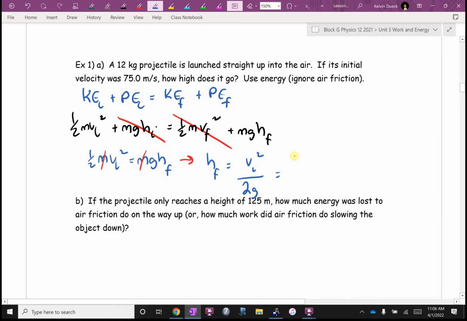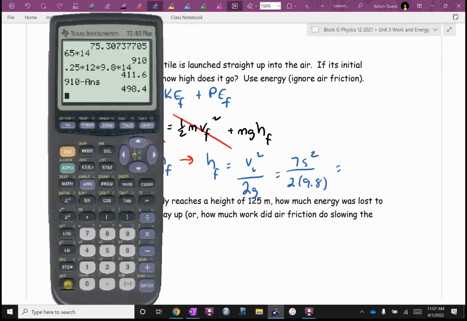It's going to be 75 squared all over 2 times 9.8. And it gets to almost exactly 287 meters high.